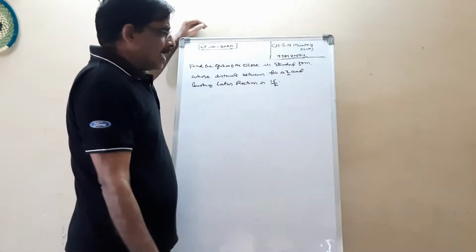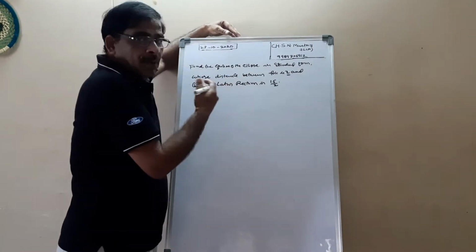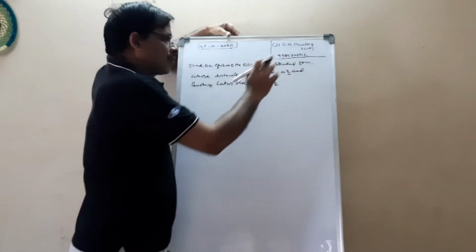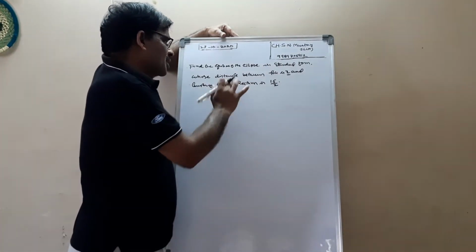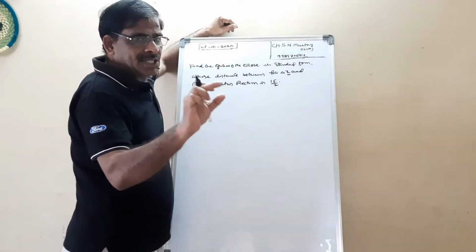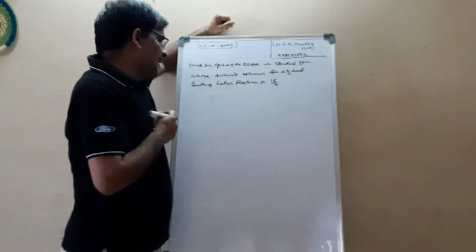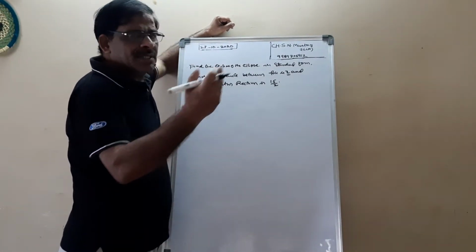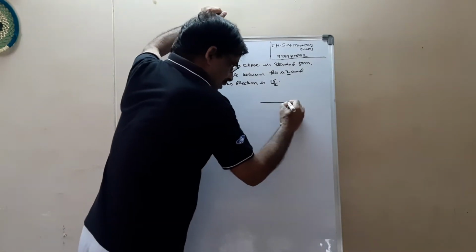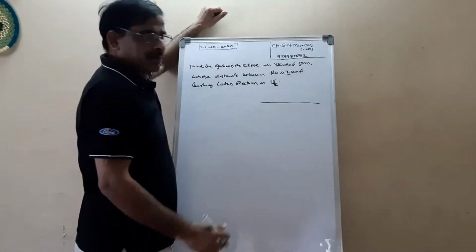Let me read the problem once again. Find the equation of the ellipse in standard form whose distance between the foci is 2. The distance between S and S dash is given to you, and the length of the latus rectum, which means L L dash, is given. Let me draw the figure.